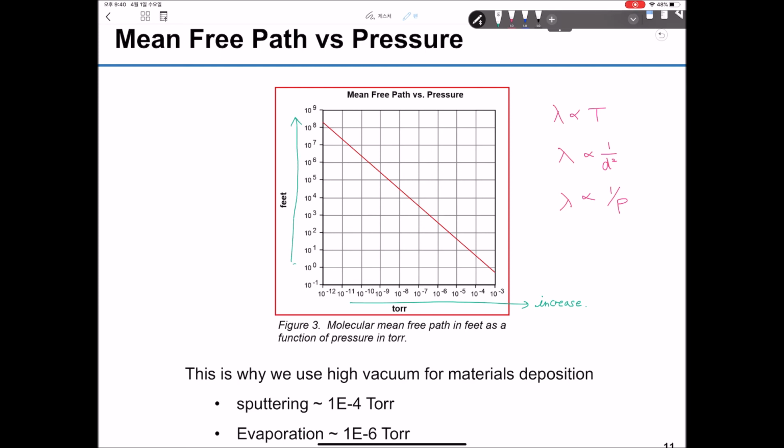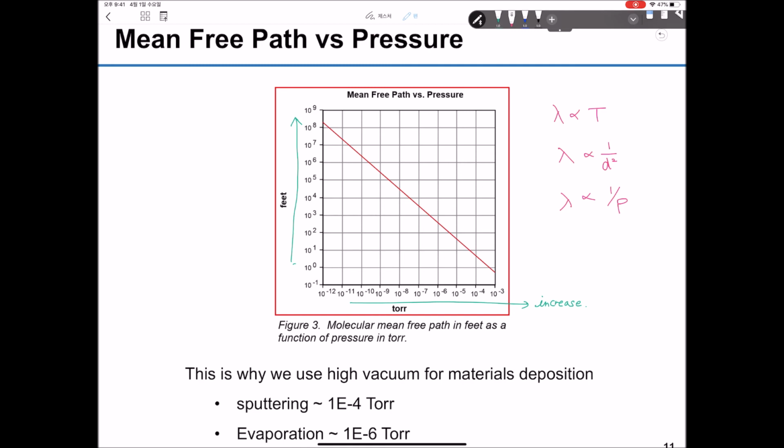And as you can see, it can go up to tens of feet. So if you can achieve very high vacuum, then the distance a molecule can travel without any collision becomes much, much longer, right? That is why the electrical conductivity goes up in high vacuum. Or when you do metal deposition in microfab, whether you are using a sputter or evaporator.